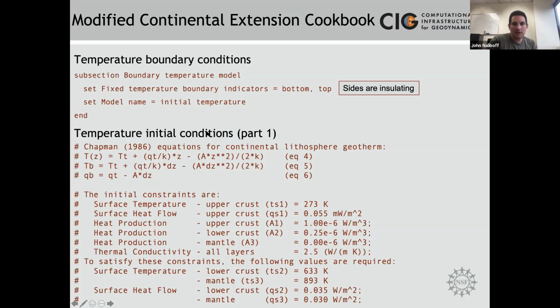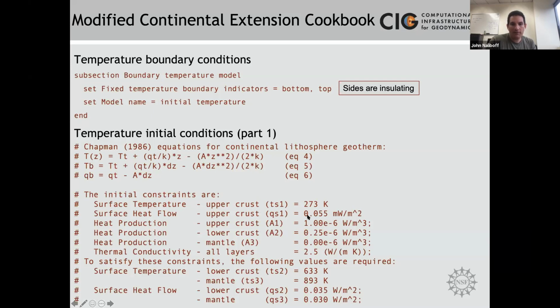So how do we calculate these initial temperature conditions? We're actually going to use a series of equations which are characteristic of a continental geotherm. I'm not going to go into the details here, simply for the sake of time. We can go into this later in the discussion, but basically you have 3 equations which describe the temperature. Your unknowns are the temperature at the top, the surface heat flow, the radiogenic heating, depth, and the thermal conductivity.